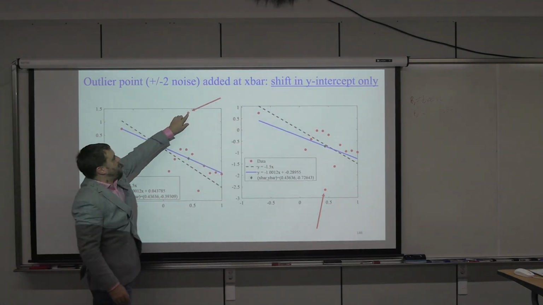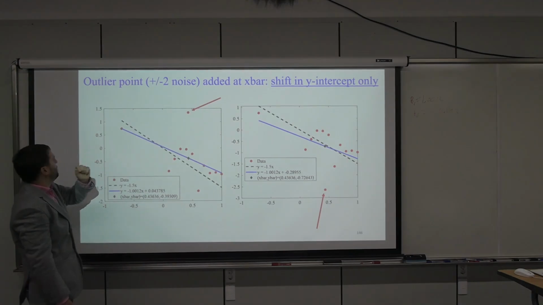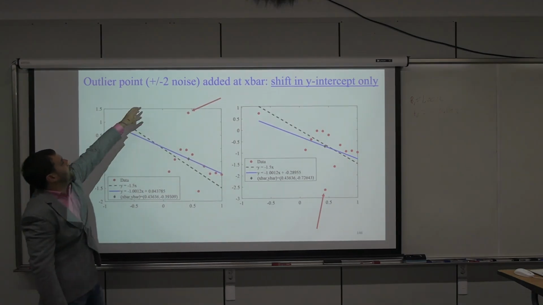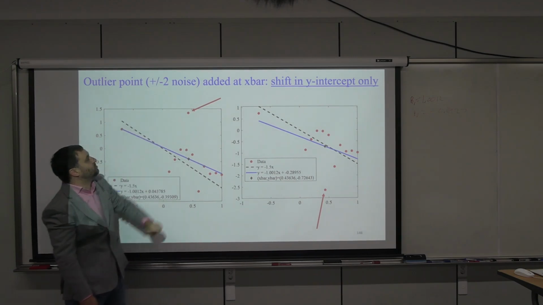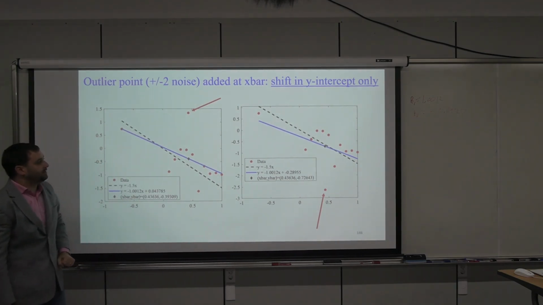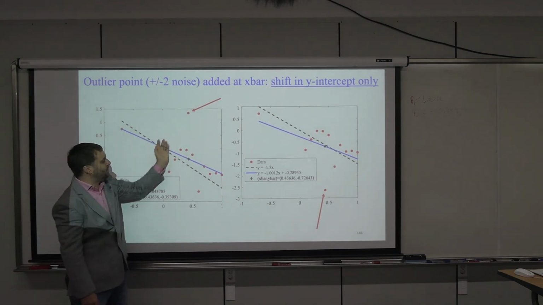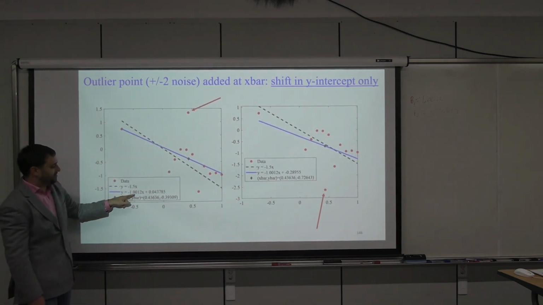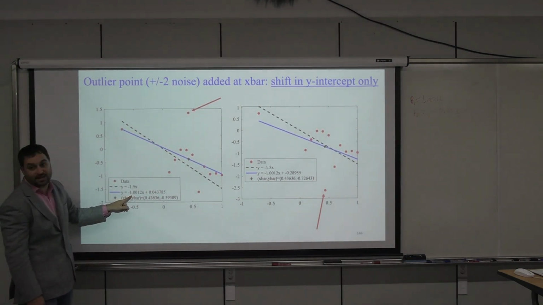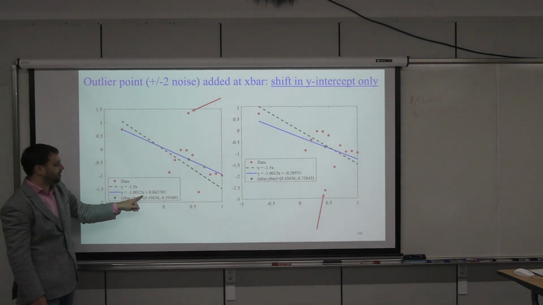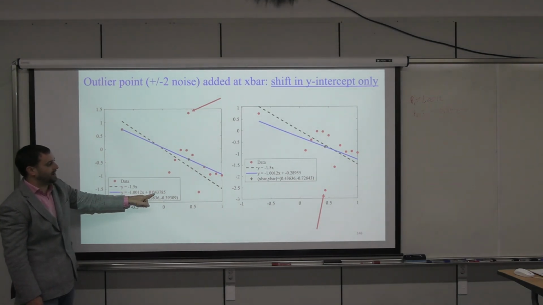I think it's 2 standard deviations. I've added a plus or minus 2 noise added to x bar. And so if you look, we've added a new data point, but the slope is remaining exactly the same, negative 1.0012, but now it's shifted the y-intercept.